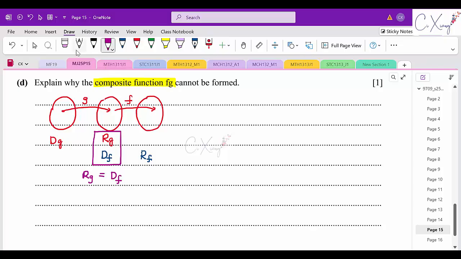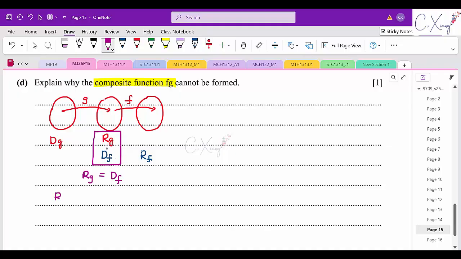Or at least you need to know that the domain of f must be part of the range of g. To me, I think they should be the same. So basically, this is something that we don't apply very often. So make sure that you are aware of this kind of arrow diagram, and that in the composite function fg, your range of g must be equal to the domain of f.